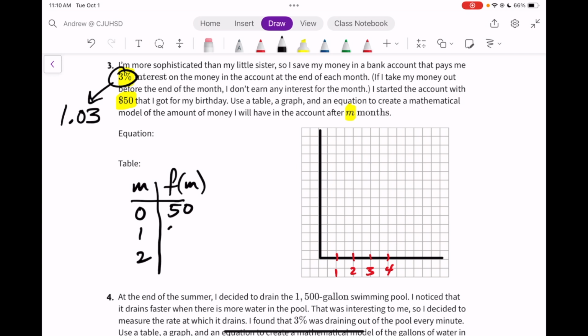And that gives us 51.5, so $51.50. Then do it one more time. Take 51.5, multiply it by 1.03, and you get 53.045. Of course, you would want to round that if you're dealing with money. This 4 would change to a 5, so it's $53.05.